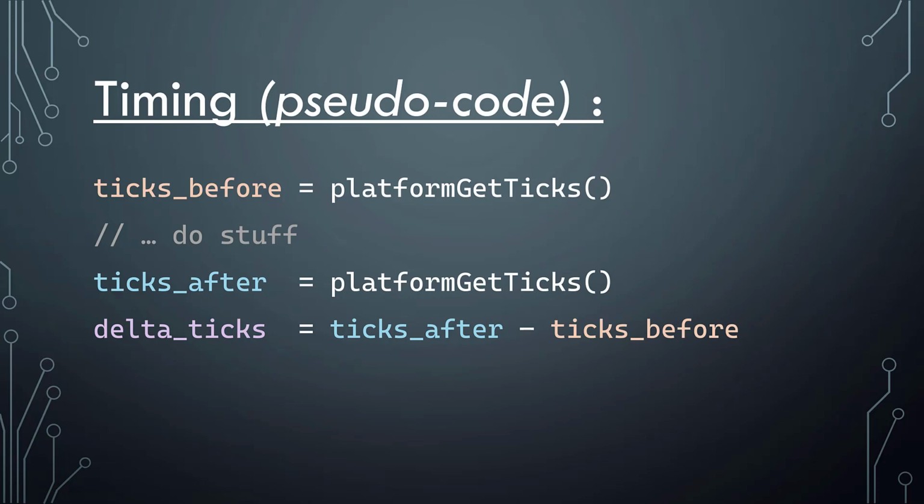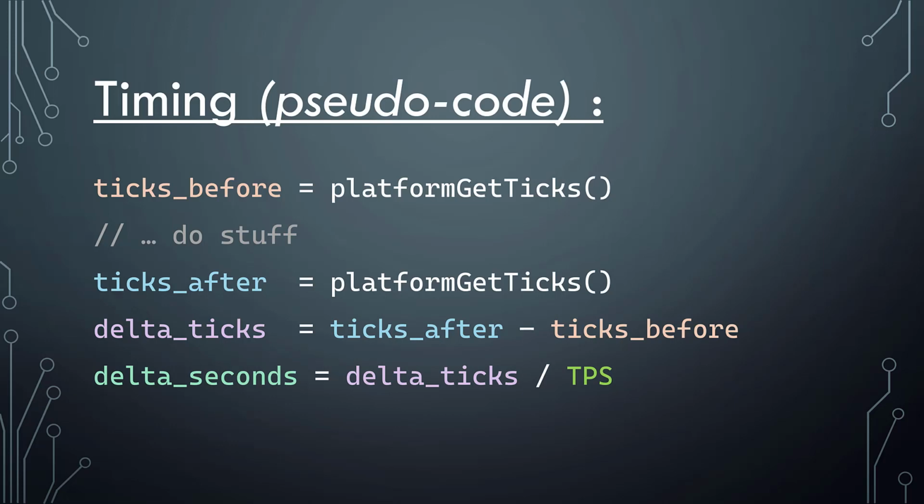We get the delta, which is the measure after minus the measure before. That's how many whole ticks, in integer values, have passed between the start of the code we're measuring and the end.